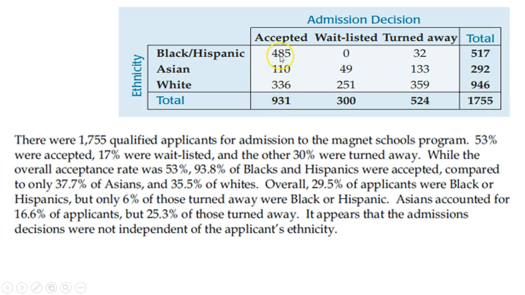Now, while the overall acceptance rate was 53%, 93.8% of all blacks and or Hispanics were accepted. Looking across, out of black or Hispanic, 485 divided by 517, 93-ish to almost 94% were accepted, compared to the Asian population of acceptance, which is only 37%, and the white population, which was 35.5%.